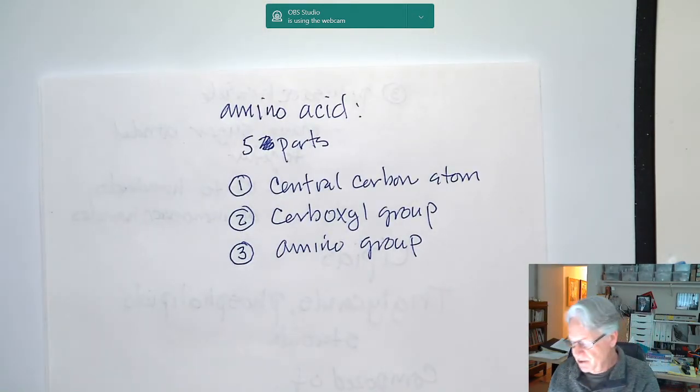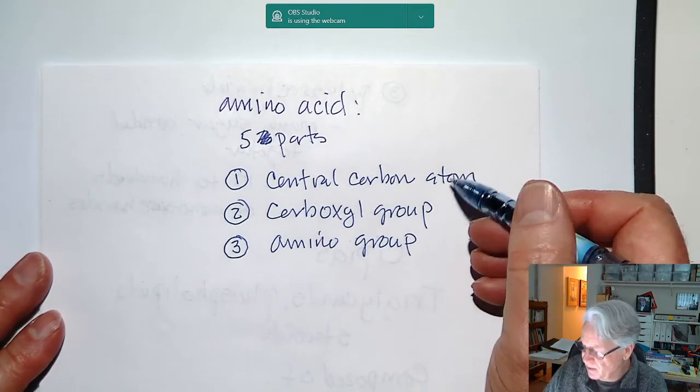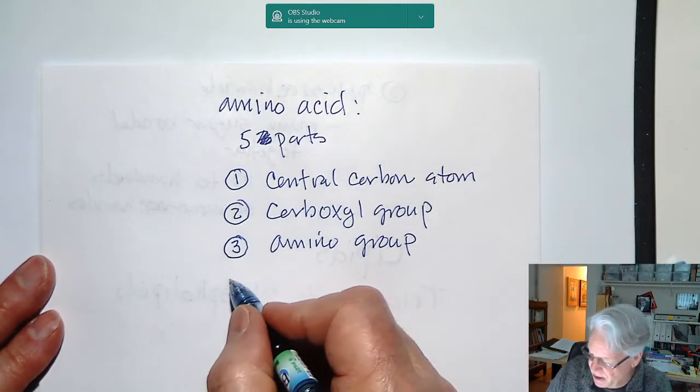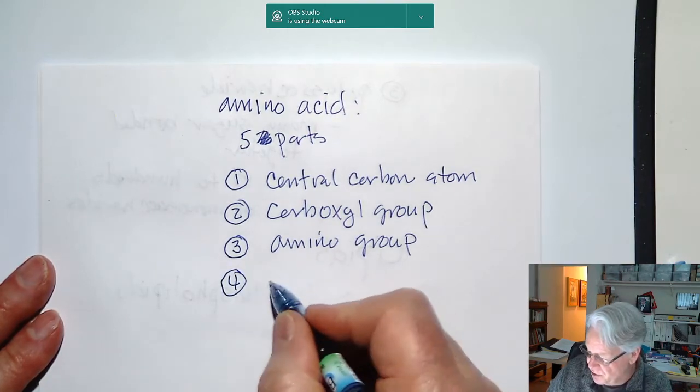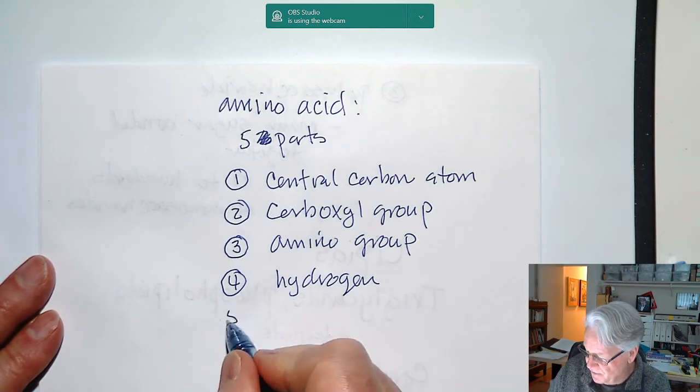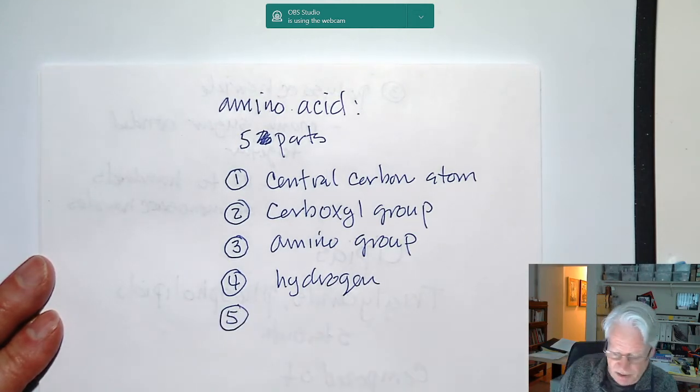So 5 parts: central carbon atom, carboxyl group, an amino group, and a hydrogen. And then the 5th group is going to be our side chain.